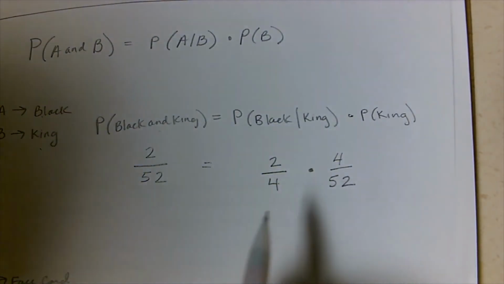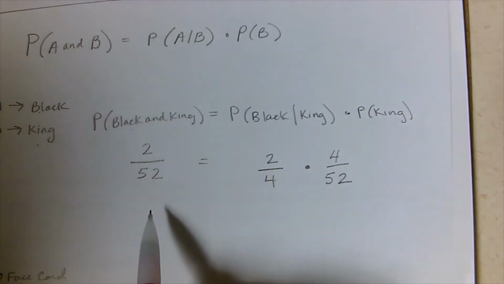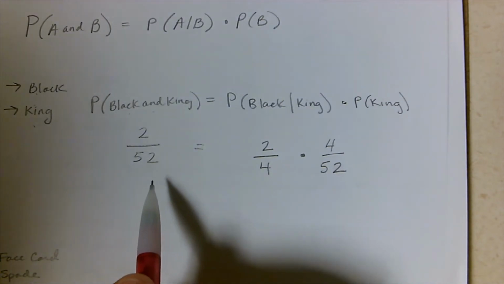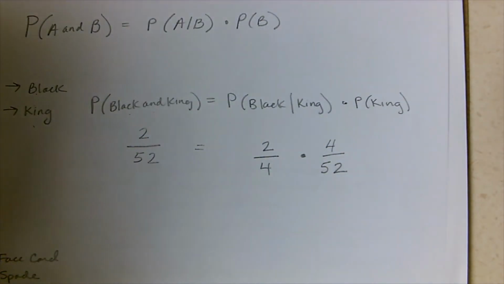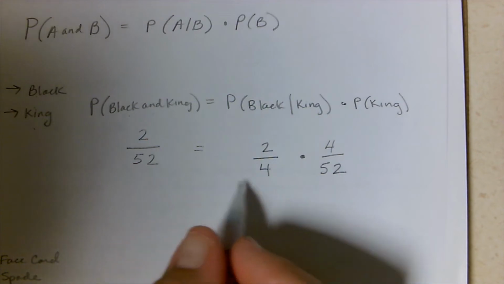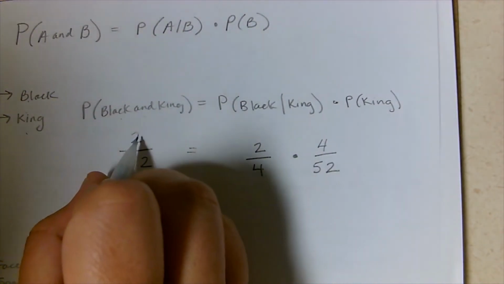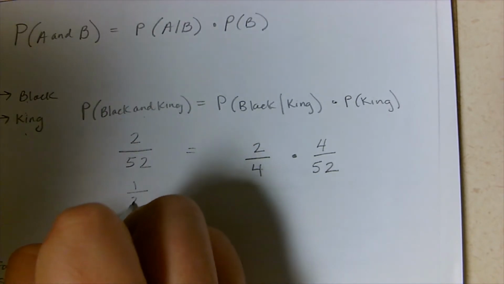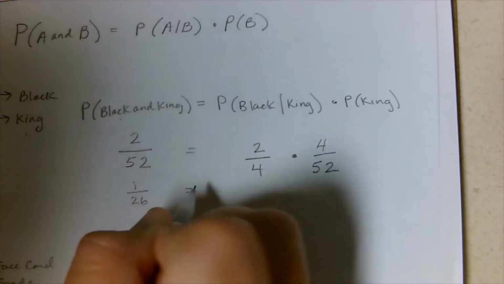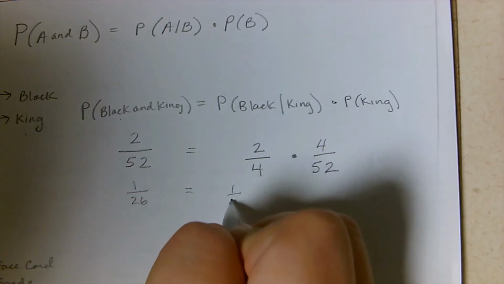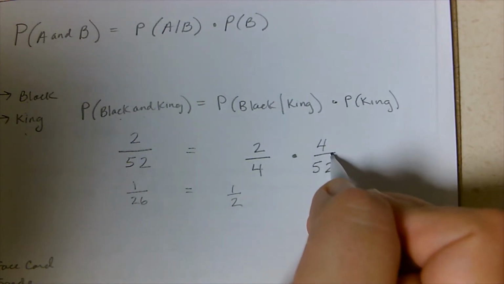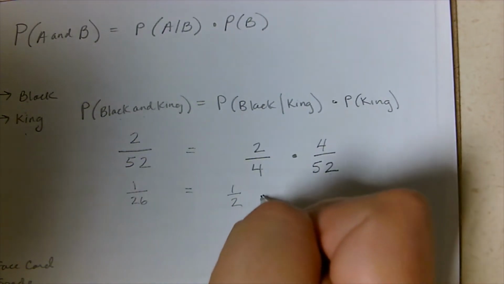So I want to see if these two things multiply to equal this one. So I can reduce the fractions, or I can change them into decimals. Either way, I can check it out. So if this one, I divide both by 2, and I get 1 out of 26. Over here, this becomes 1/2, and this becomes, divide by 4, 1 out of 13.